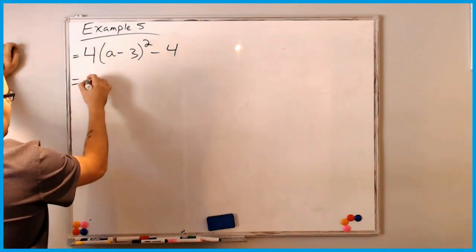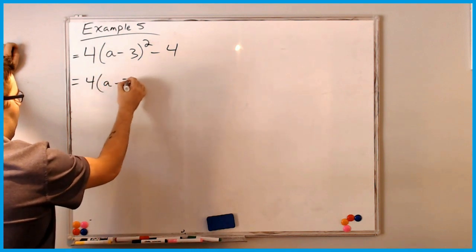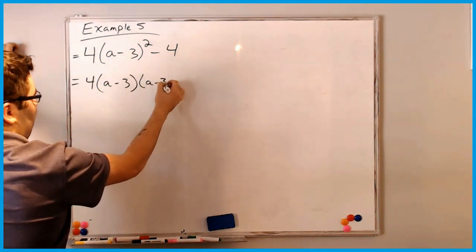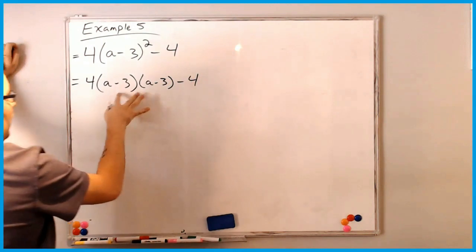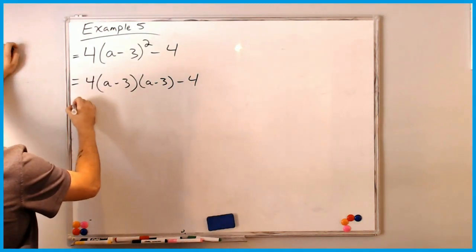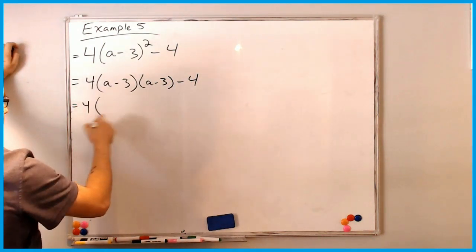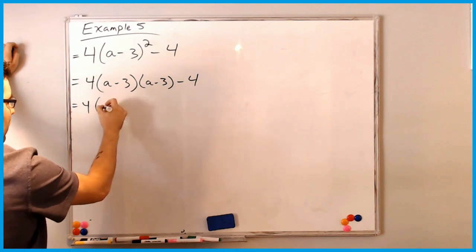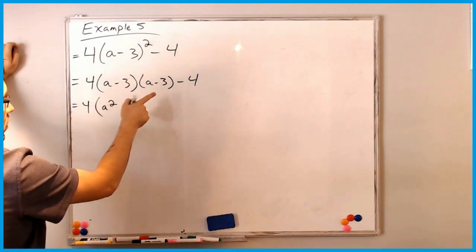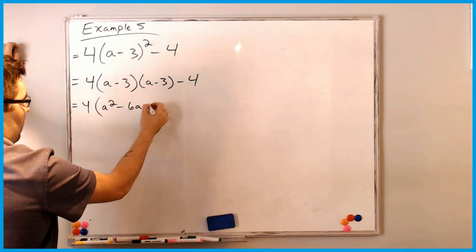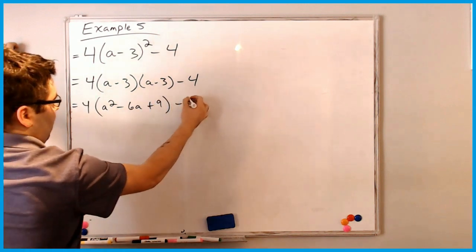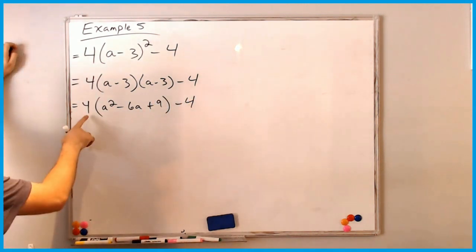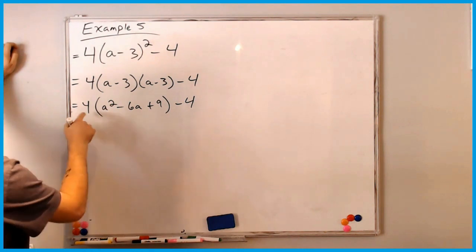Equals 4, a minus 3, a minus 3 minus 4. This part is equals 4. And I'm just going to do parentheses, that way you know it's together. That's a squared minus 6a plus 9 minus 4. Now you got to distribute.